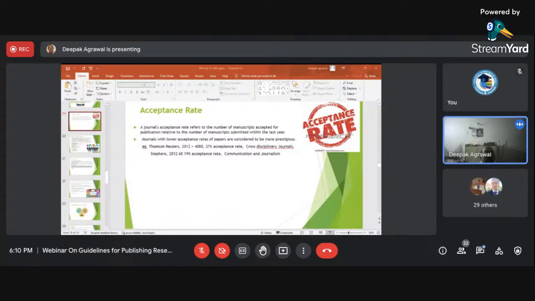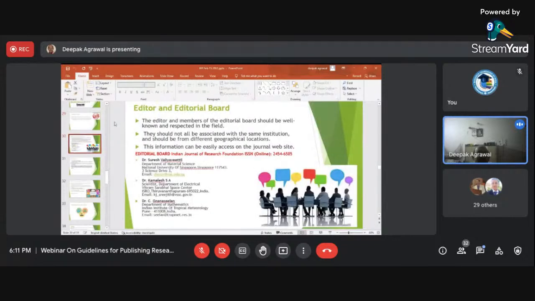Another is a cross-disciplinary journal, Stephens 2012. In 2012, the acceptance rate was only 19%. So you can just see the rate of acceptance. Does our paper fit enough to get published over here? If it does, it's okay. Otherwise, move to another journal and improve the paper as per the requirement. Definitely in the future, we may get a paper published.